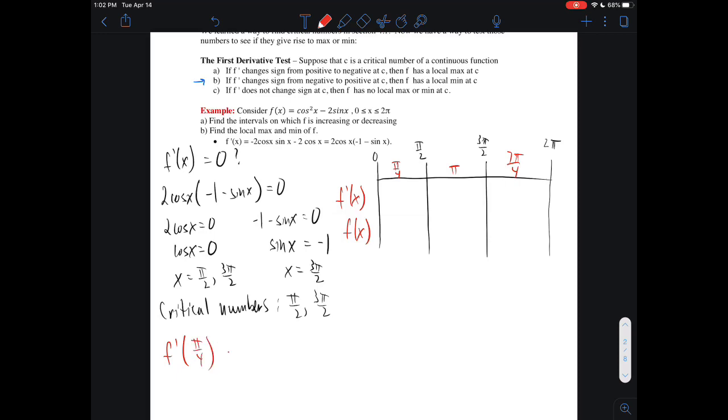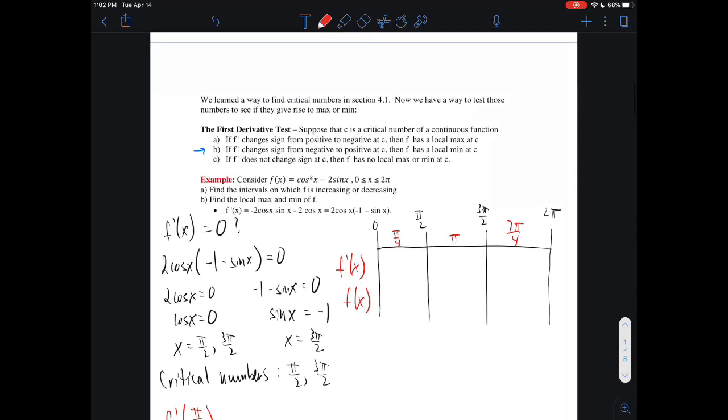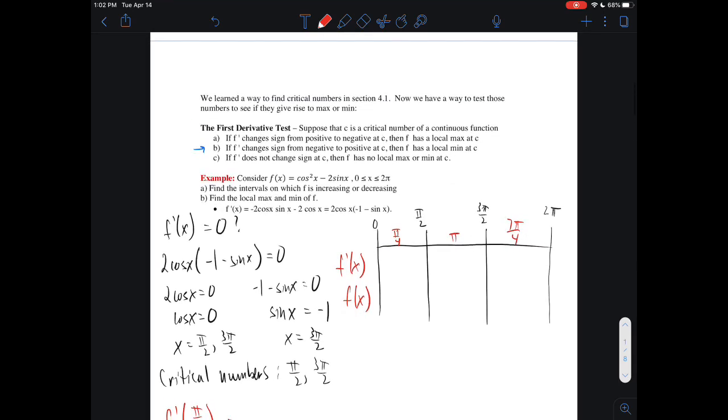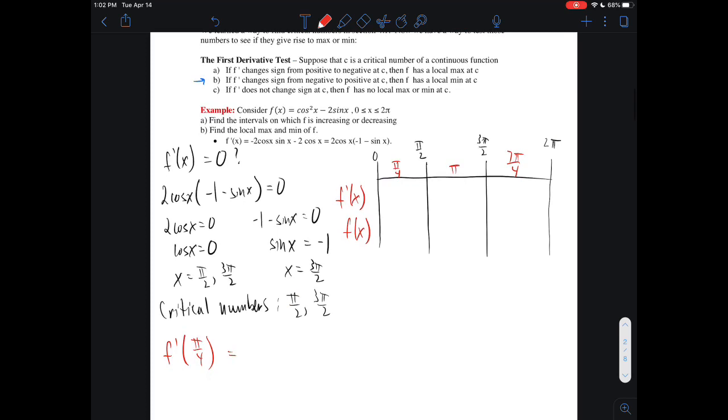So my first derivative evaluated at pi over 4 would give me 2 times cosine of pi over 4 times negative 1 minus sine of pi over 4. Cosine of pi over 4 and sine of pi over 4 are both square root of 2 over 2. So this gives me square root of 2 after multiplying by the 2, and then negative 1 minus square root of 2 over 2.